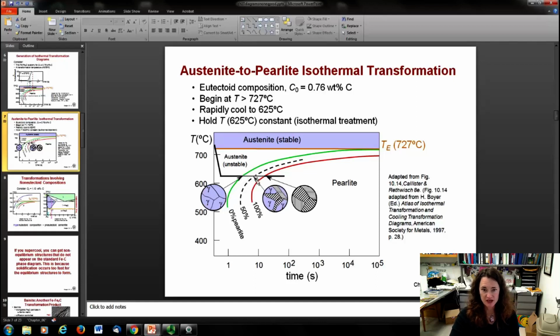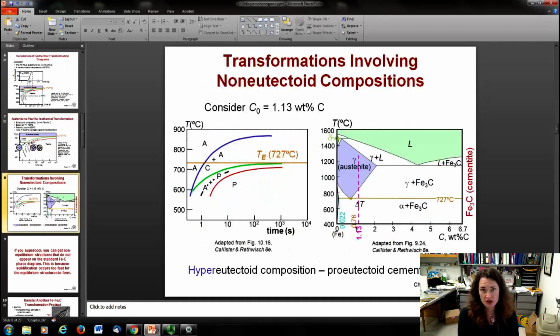It's 50% completed at, say, 8 seconds, and then 100% completed at, say, 15, 20 seconds here. So that's what's happening reading it off. This is what you actually physically do to the material, the black line superimposed on this isothermal transformation diagram. Now that's for eutectoid compositions.